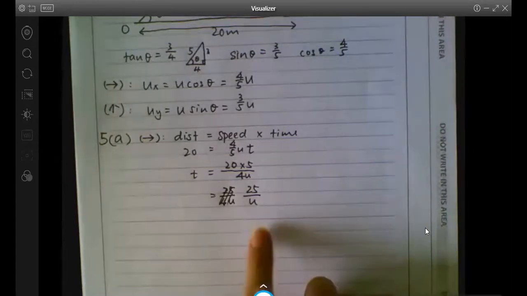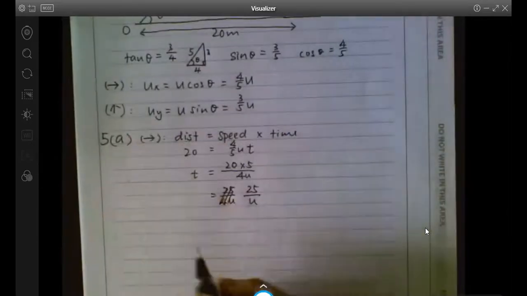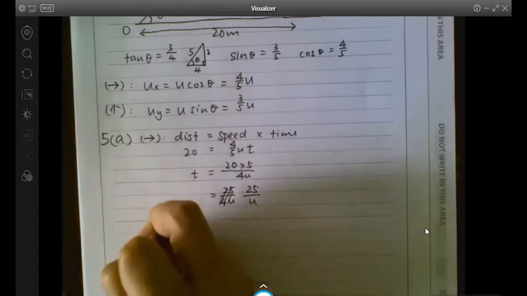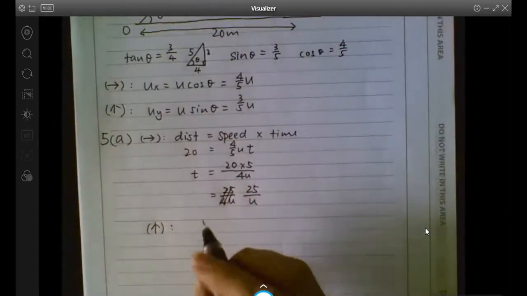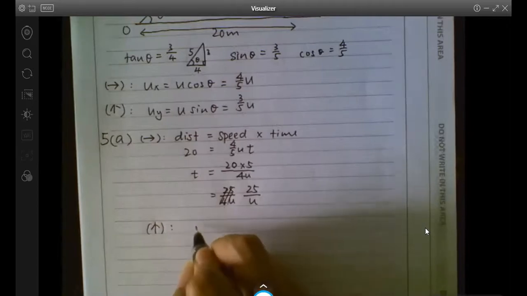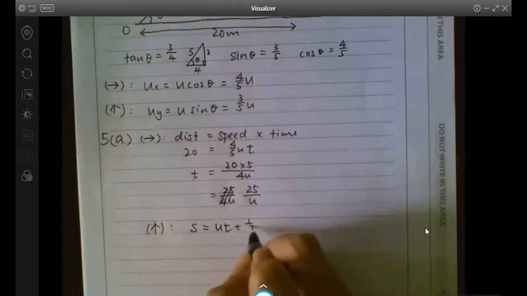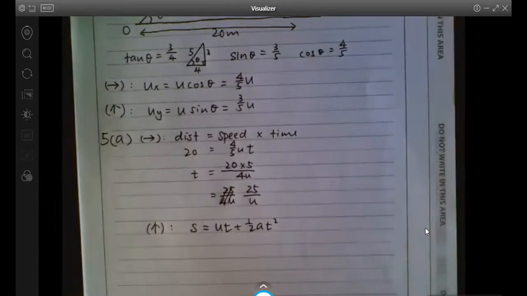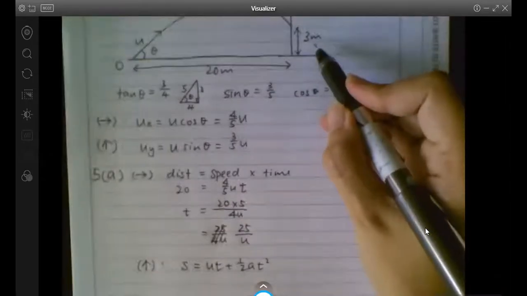Then we can't really do anything about this to find the u. Let's do the vertical direction. I'm taking upwards as positive. The formula I'm going to use is s equals ut plus half at squared, because I'm going to try to use this 3 meters, which is the vertical distance.